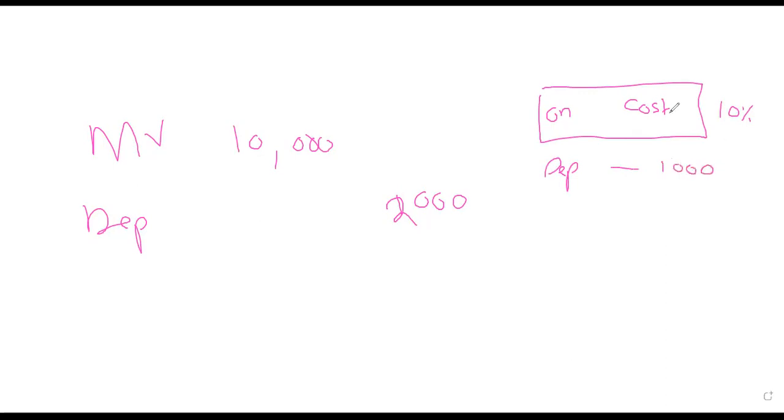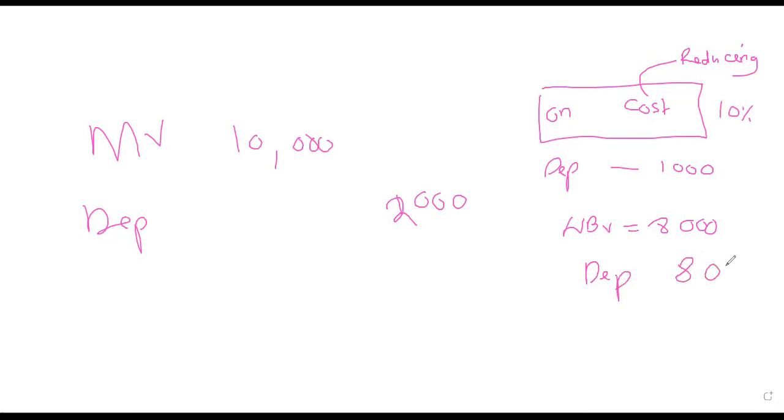But if they ask you to calculate on reducing balance, it means you don't calculate directly on the cost. You just subtract the depreciation that has been accumulated. So 10,000 minus 2,000, what do we get? 8,000. That is our net book value. So on this 8,000 you calculate 10%, which will be the depreciation, and the income statement figure will be 800 kwacha.